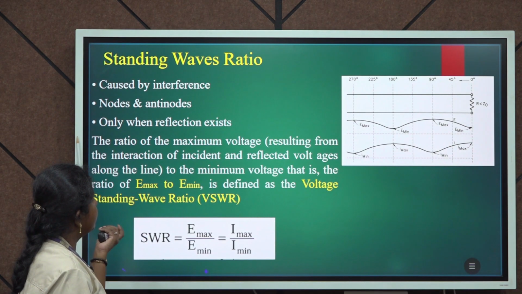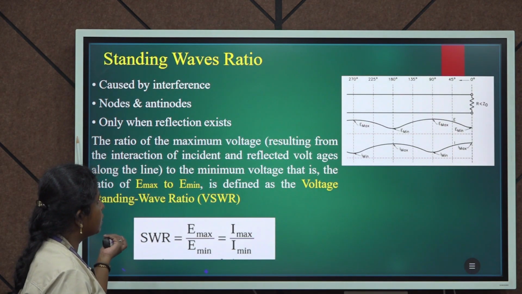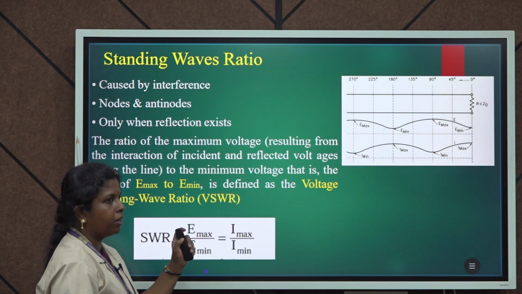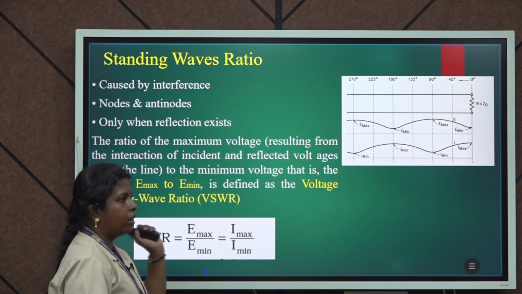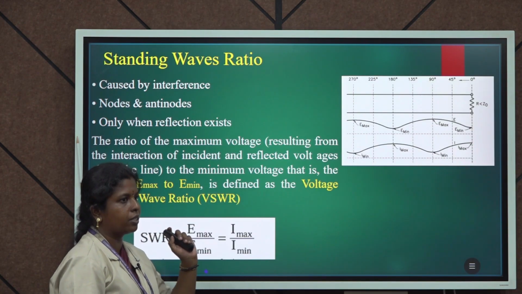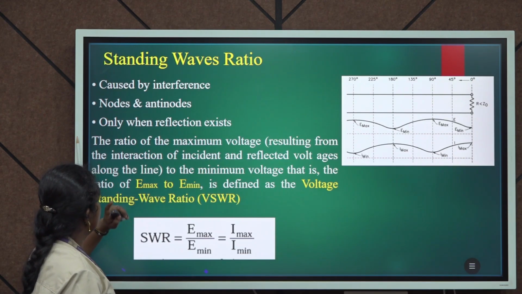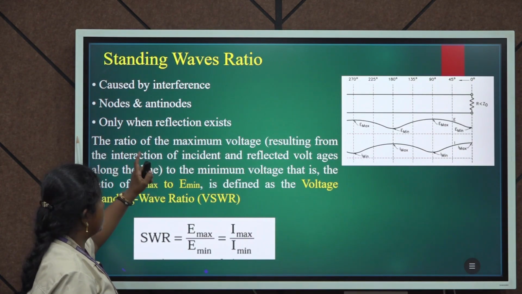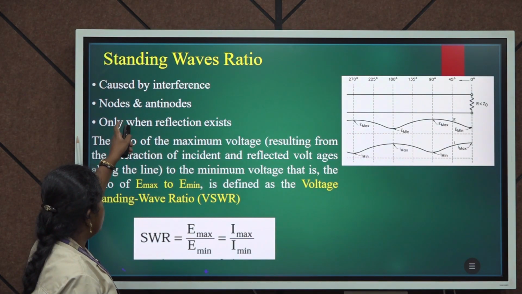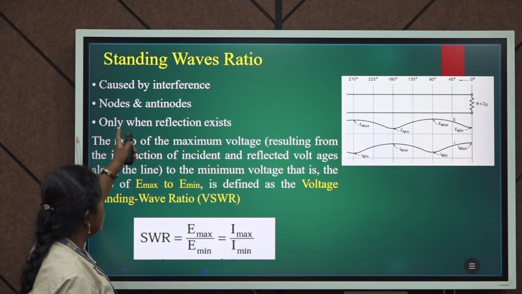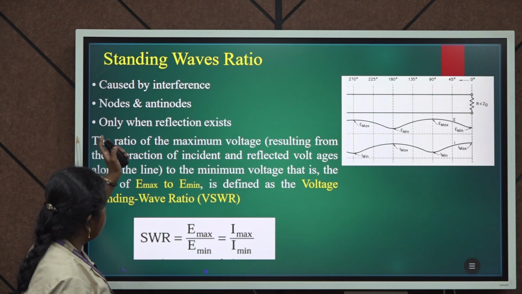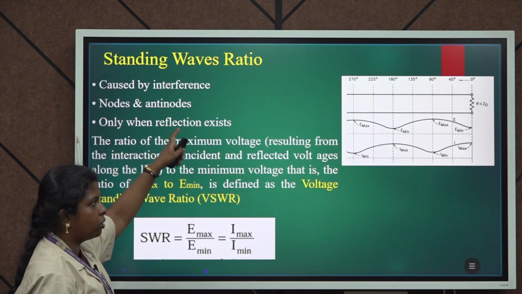After understanding reflections, standing waves are considered as a parameter for defining a reliable transmission. That is the voltage standing wave ratio. It is caused by interference, and it is also seen as nodes and antinodes. Only when reflection exists will standing waves occur.